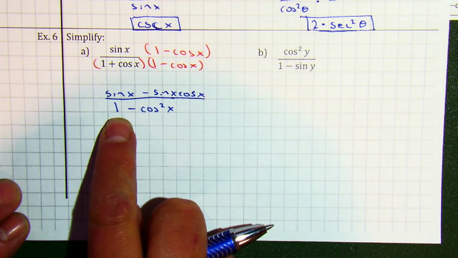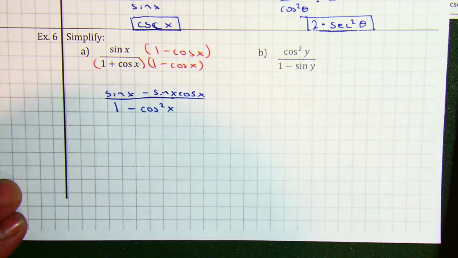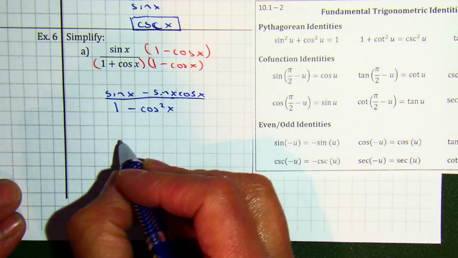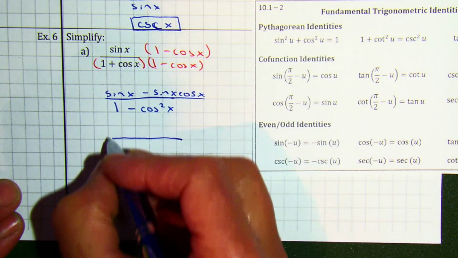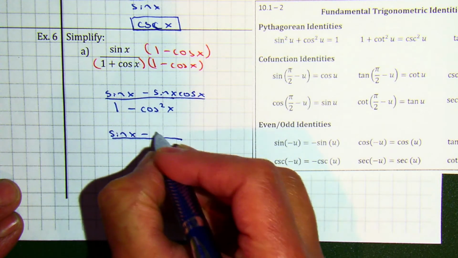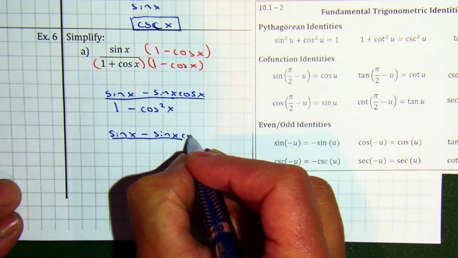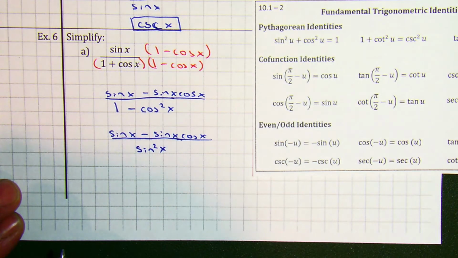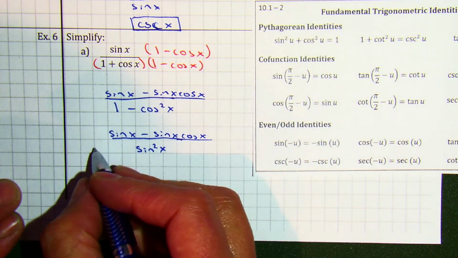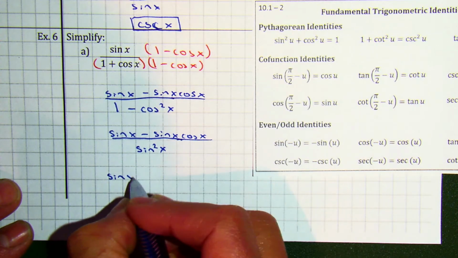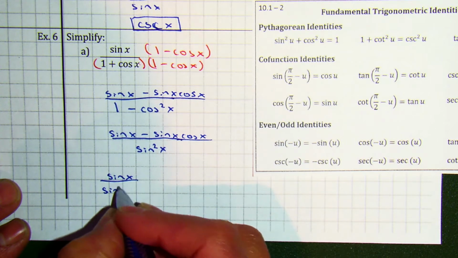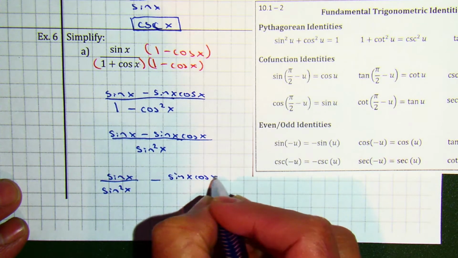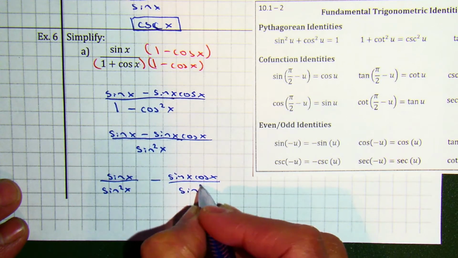And I can replace 1 minus cosine square of x with, if I move my cosine to the right, sine square of x. So I have the sine of x minus the sine of x cosine of x, and this becomes sine square of x. And now I'm going to separate my fractions. So it'll be sine of x over sine square of x minus sine of x cosine of x over sine square of x.